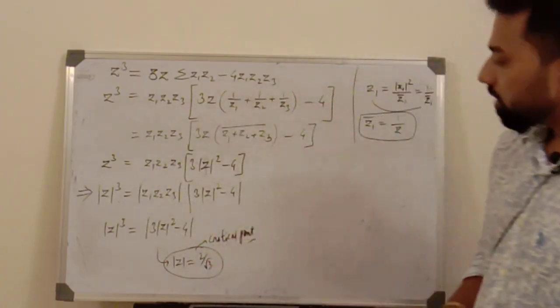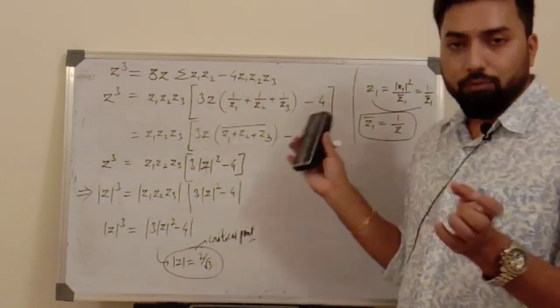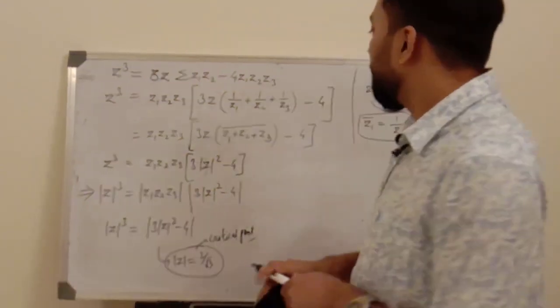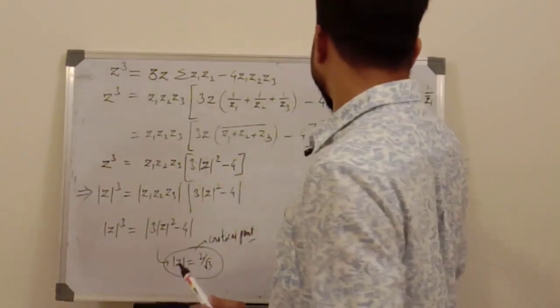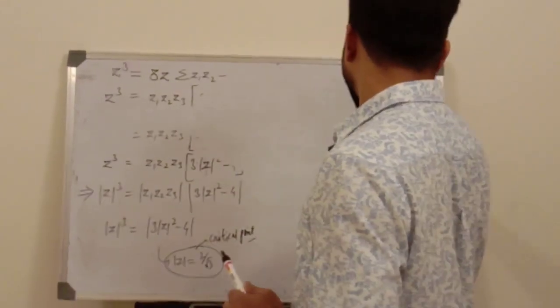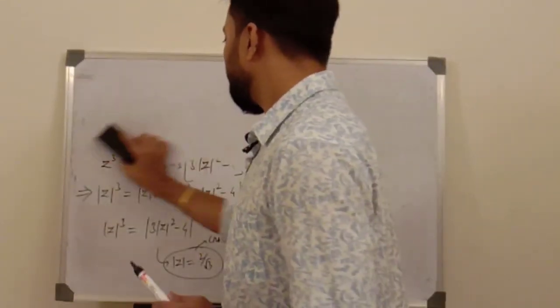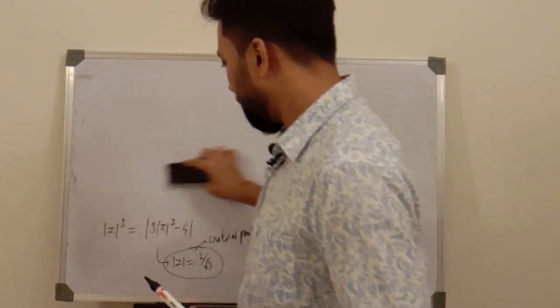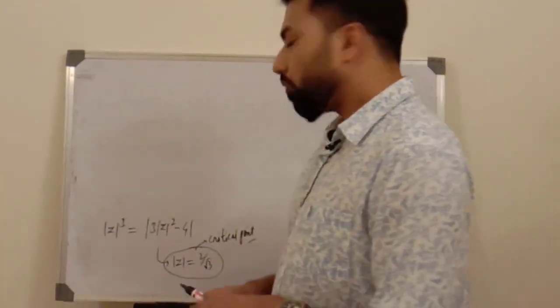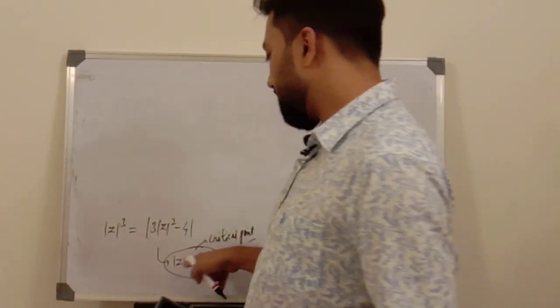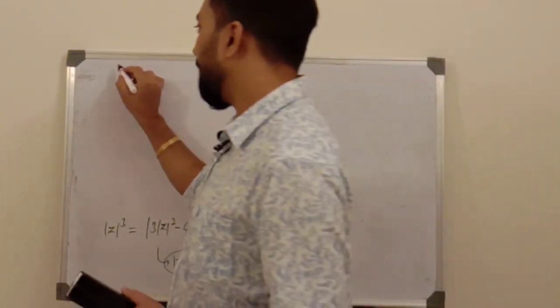Corresponding to this critical point, we will have to open the brackets. After this statement I'm writing over here, we have to take cases. Let's say if mod z is greater than 2 by root 3, what will happen?